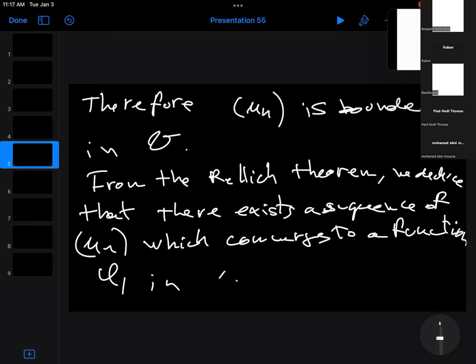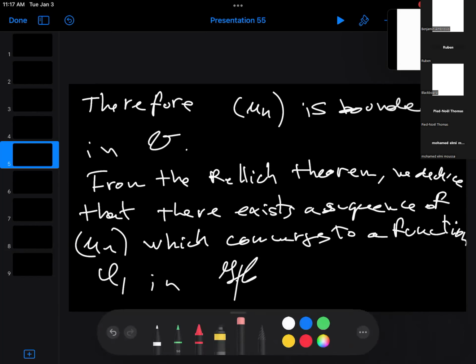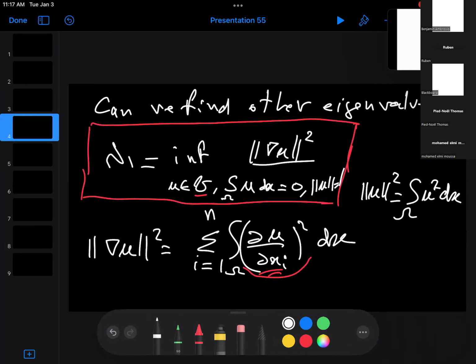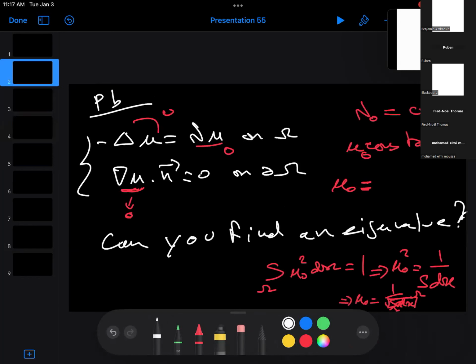So in L2, but my L2, I wrote it as H. Because I wrote here phi node, yeah, we will call it phi node.